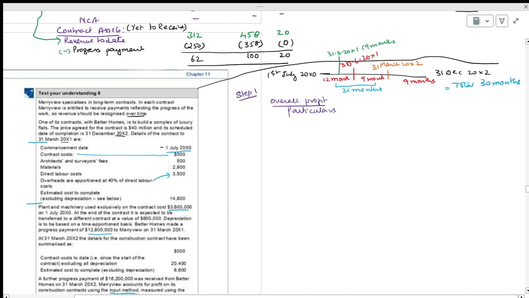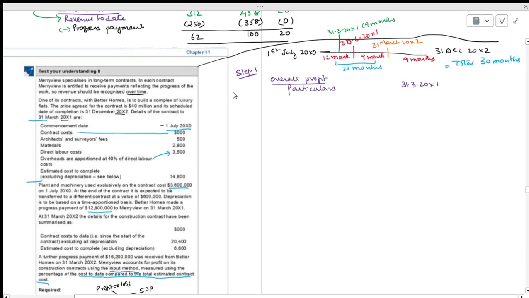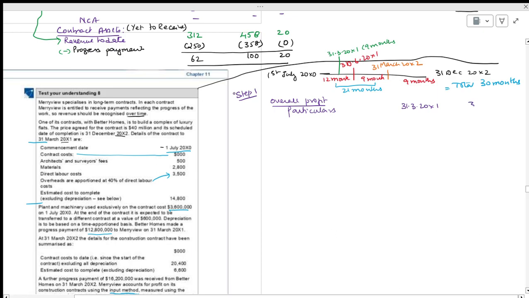Same steps, only the date changes: 31st March 2001 and 31st March 2002. Overall profit.